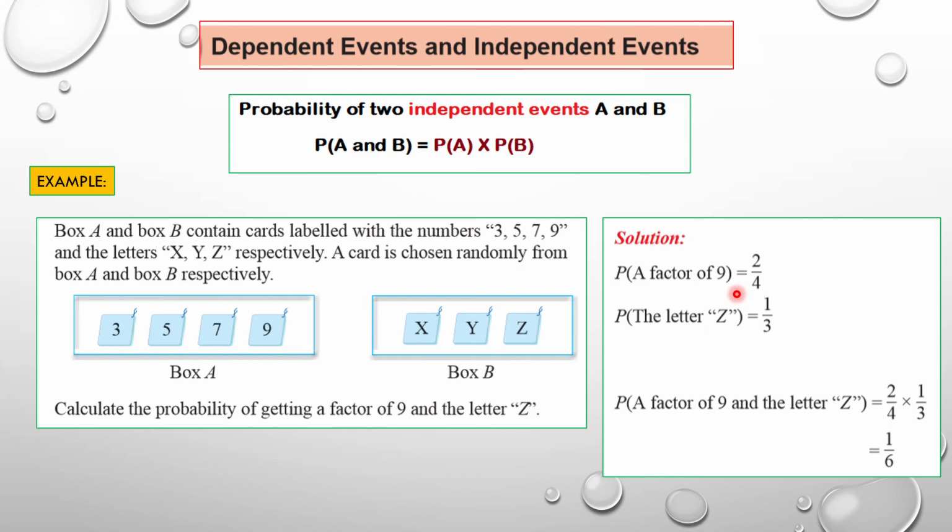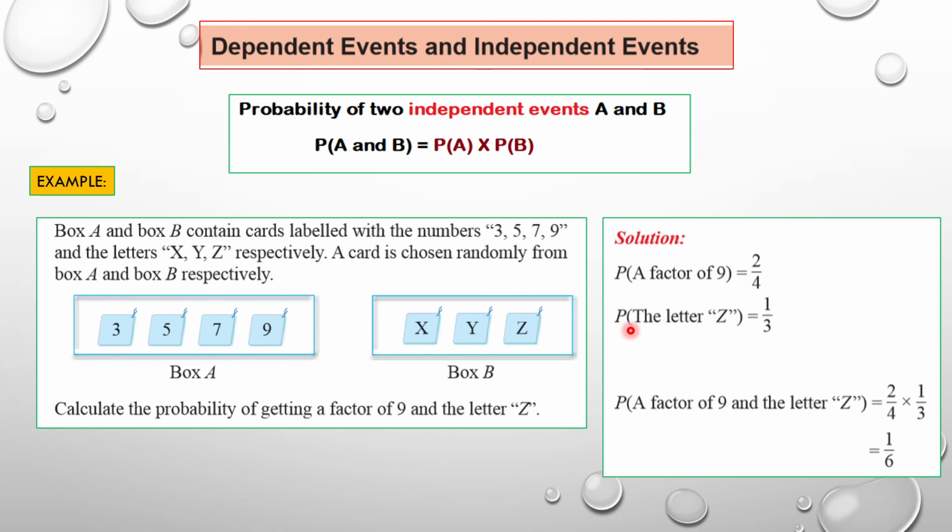So number of event A here is 2. Why 2? Because the factors of 9 here are 3 and 9. So we have 2 answers out of sample space 4. So 2 over 4, that is 1 over 2.